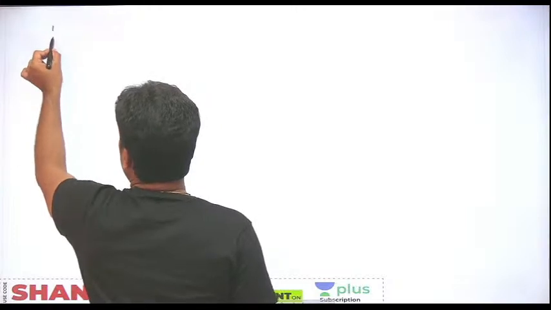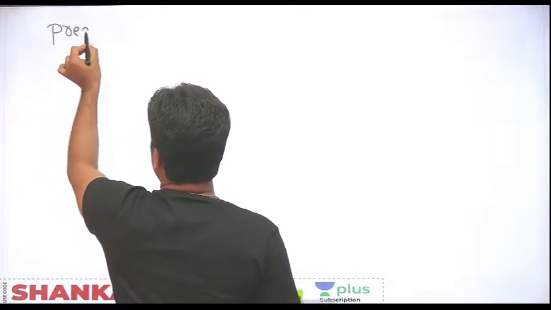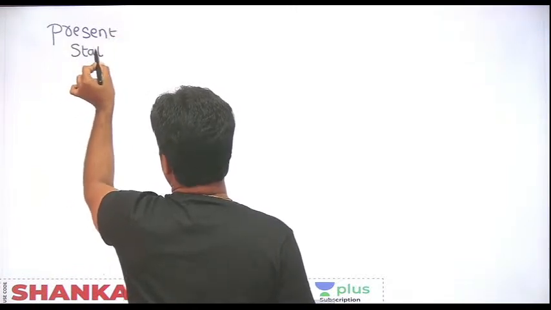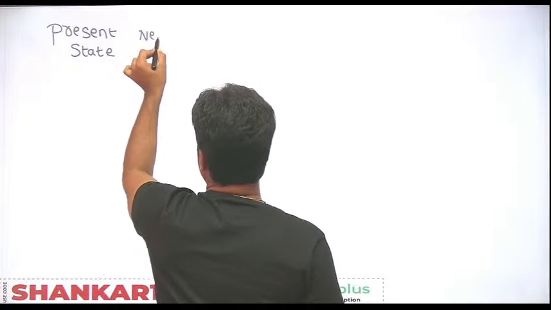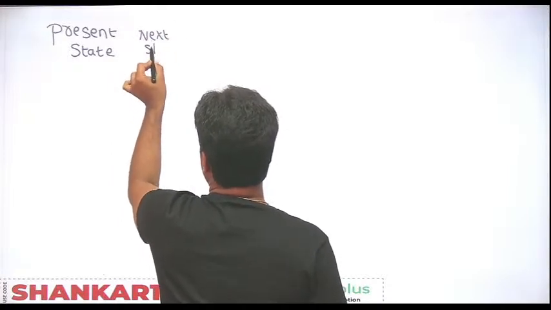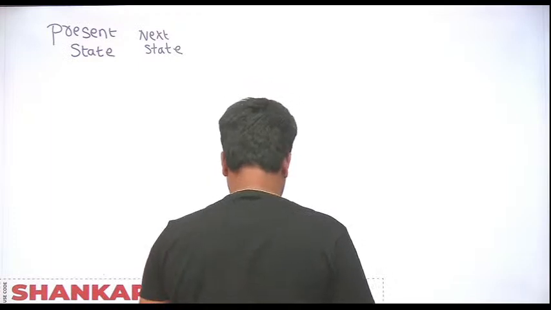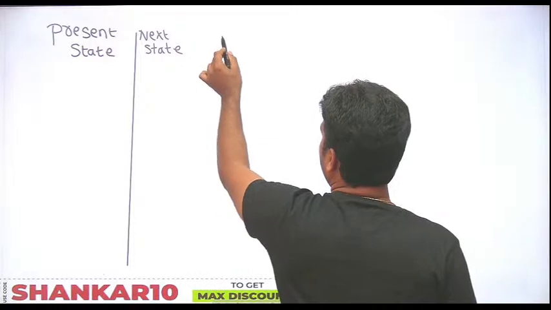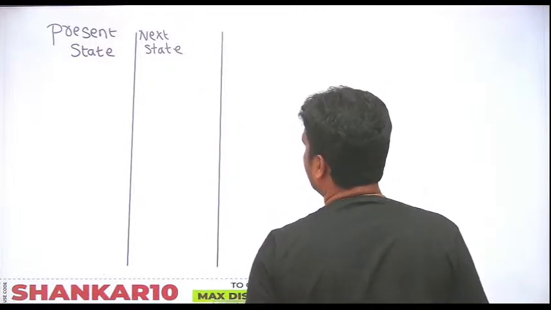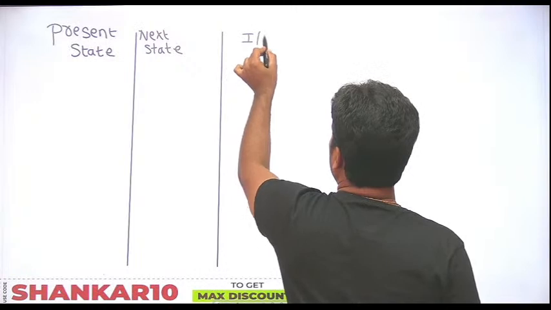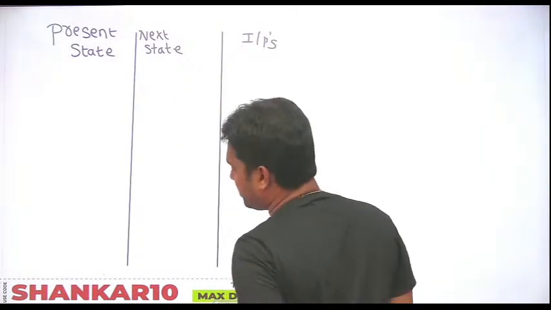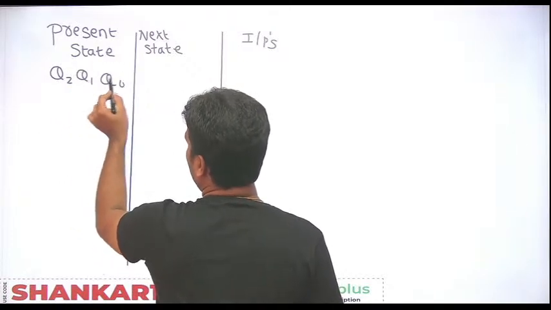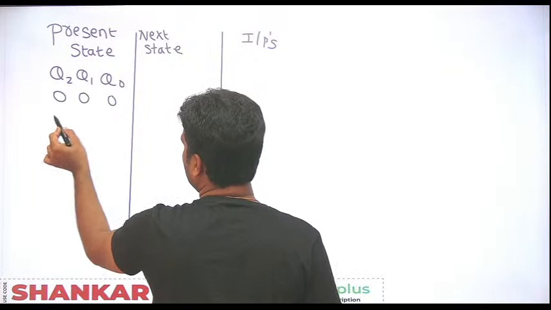So here present state, here next state, and the inputs you should give. Here the present state contains, I am taking 3 flip-flops, Q2, Q1, Q0. You can take here all zeros to all ones.